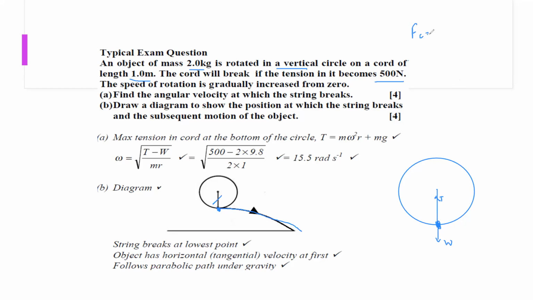So centripetal force is equal to T minus W. Tension is 500, and the weight is mass multiplied by gravity. From the centripetal force we have the formula, because we need angular speed, which is m r omega squared. So we have the mass, the radius, and the centripetal force, so we can find angular speed, which is about 15.5 radian per second.